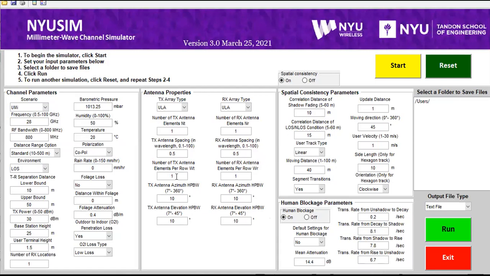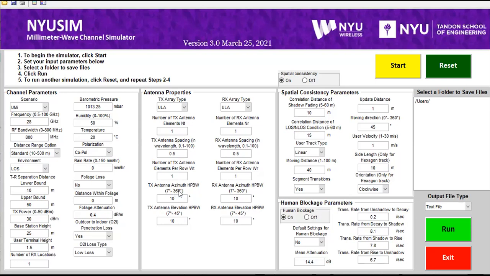Maybe it allows multiple rows, like a ULA but with multiple straight lines of antenna elements. I'm not quite sure. I'm not quite sure what these fields tell you.